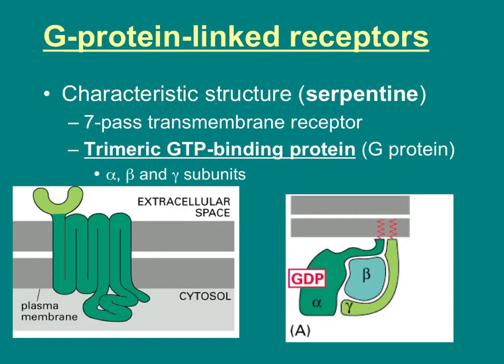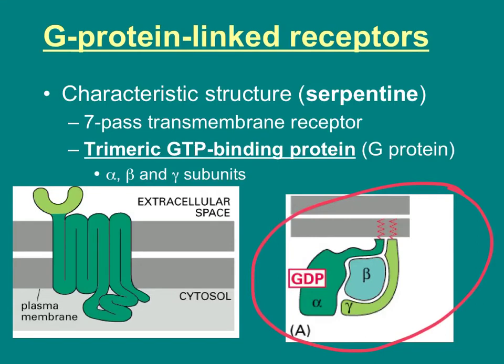So serpentine is because it has this particular structure. This over here is the G protein, and it's made up of 3 subunits. It's called a trimeric G protein because it has alpha, beta, gamma subunits.